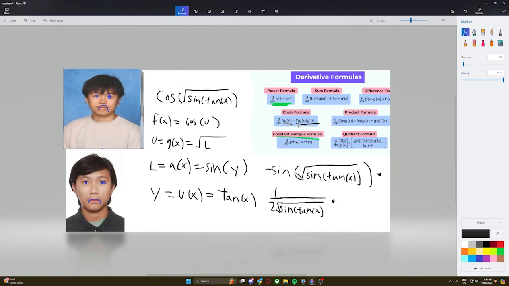And we're back to here again, but we already got our f prime g of x right here, so all we have to do is multiply by g prime x, which in this case would now just be the lower level. Let's just number these 1, 2, 3, 4. Each level goes down, down, down. So next level, sine y, or sine tan x. The derivative of sine is cosine, so cosine of tan x.